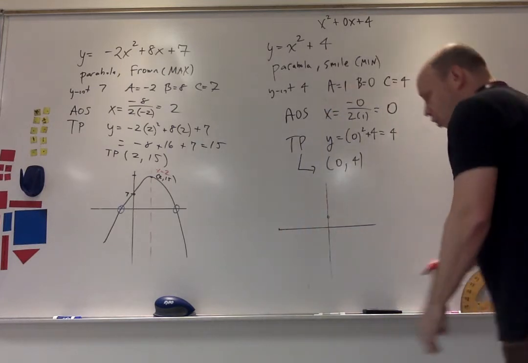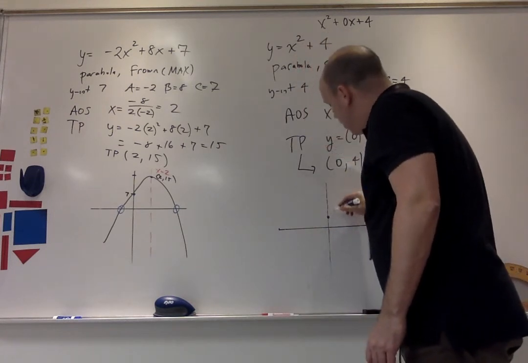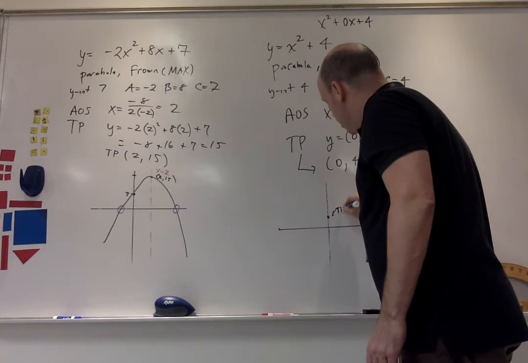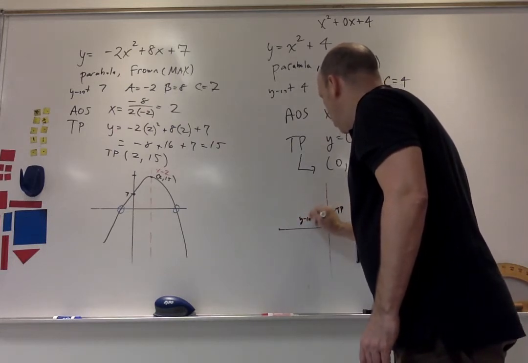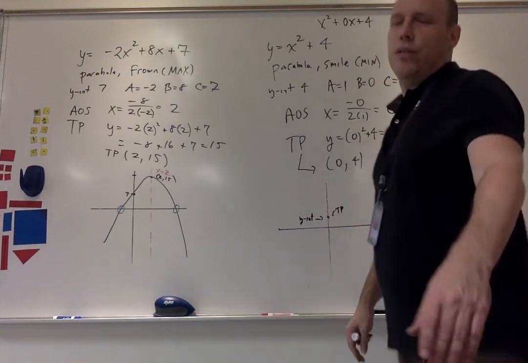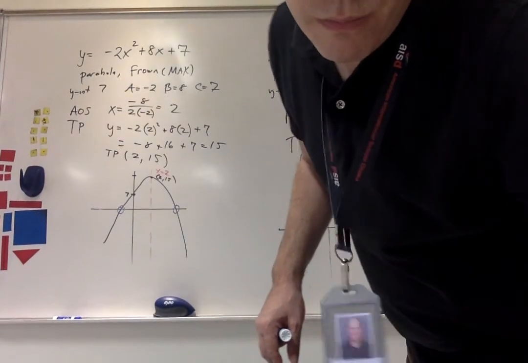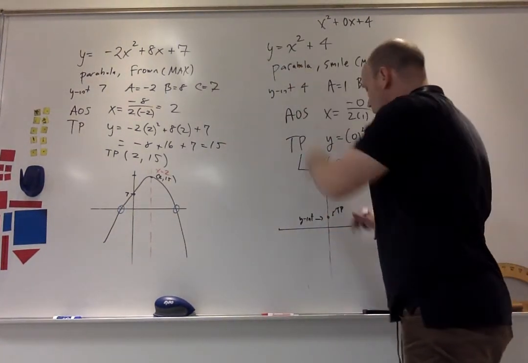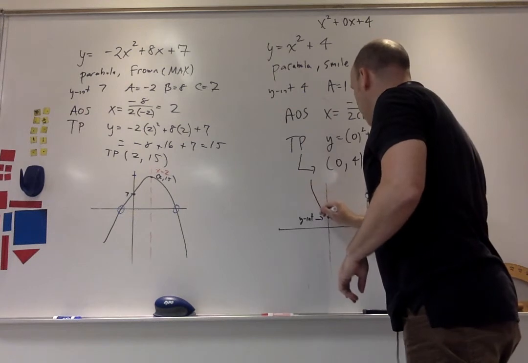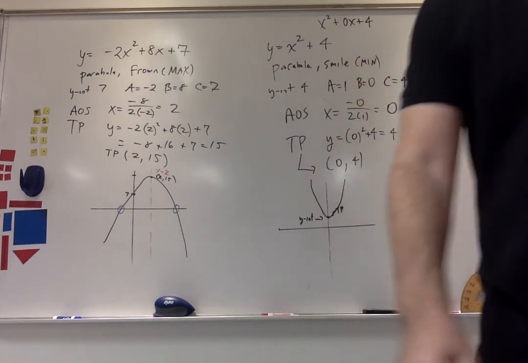And my turning point is the same place as the y-intercept. I guess it is a coincidence for this problem. So the question is, what does it look like? Well, it's a smile, so it's going to look like this. Good. Last problem, and then we're done.